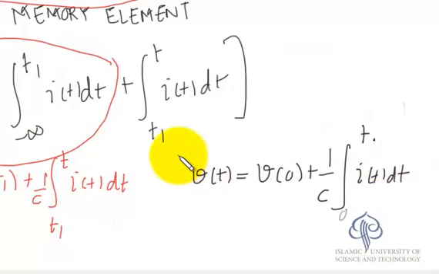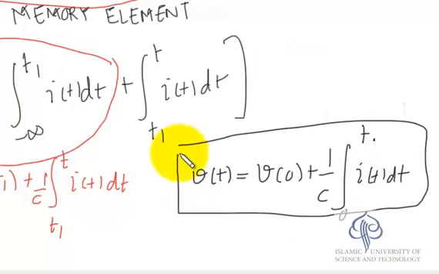So these are the different forms of the differential equation, the integral form of the governing equations for the network elements, inductor and the capacitor. So these forms we'll be using again and again. We have to be very good at using them. It's basically how the initial conditions are important in determining the voltages and currents at any particular time t.